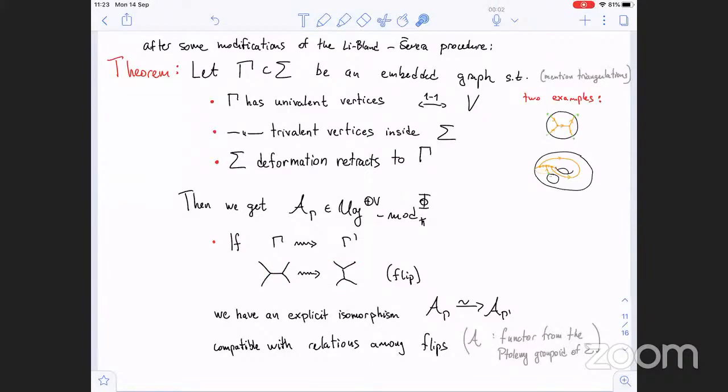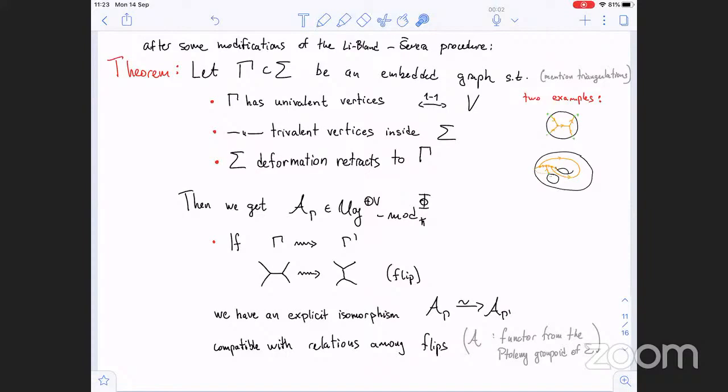And now, what I claim is that if two of these graphs are related by such a move, then there is an explicit isomorphism between these two algebras. And not just that, but this isomorphism is actually compatible with the relations among flips, because it can happen that if you do many flips, you end up in the same graph.